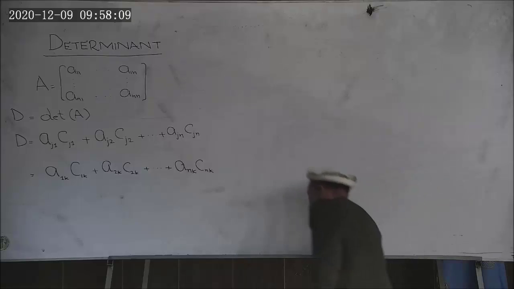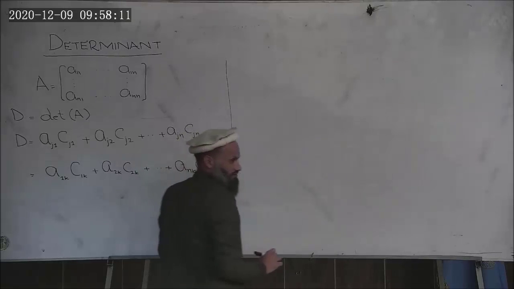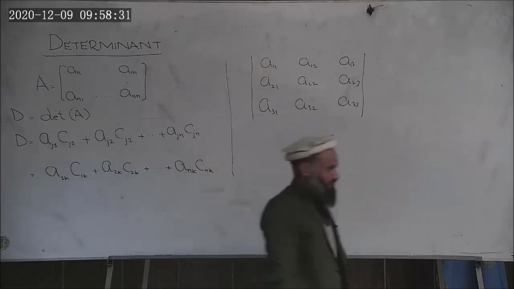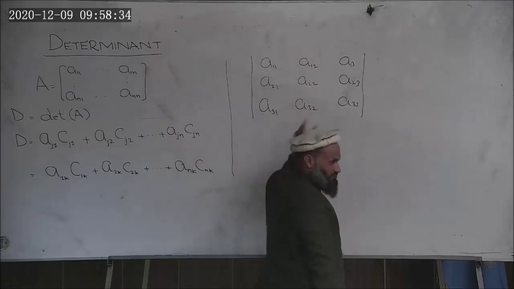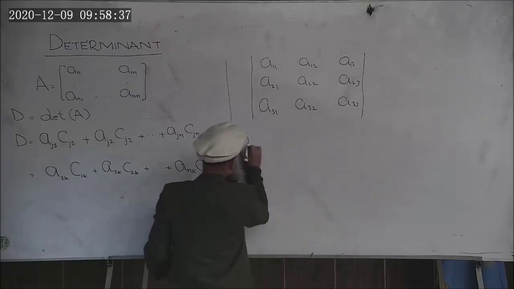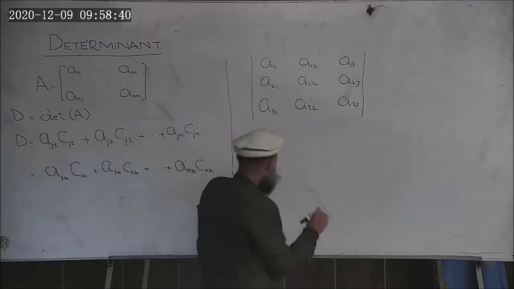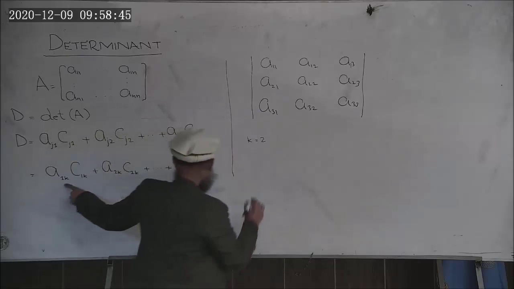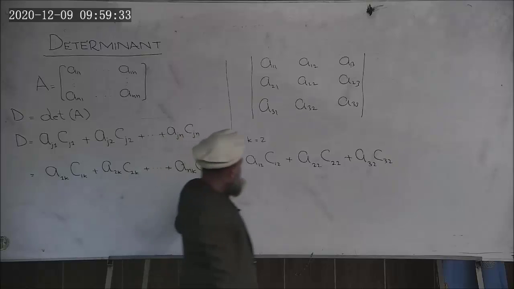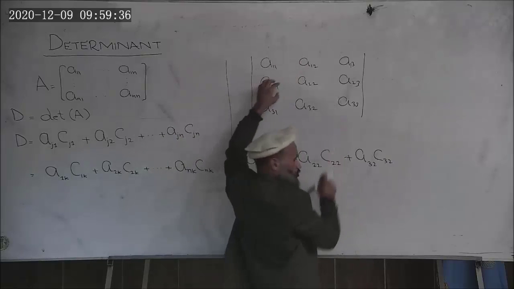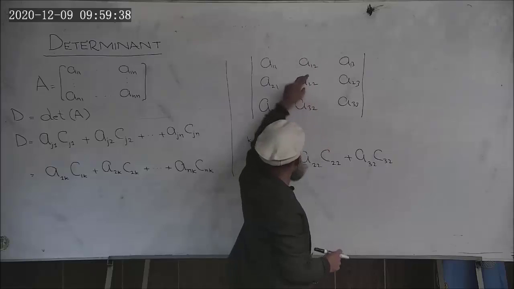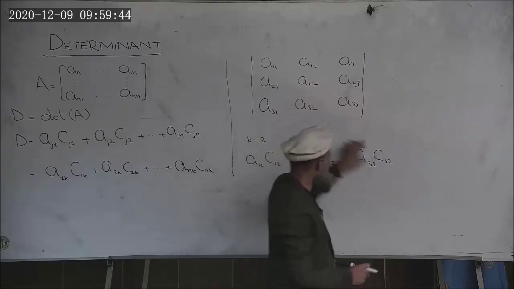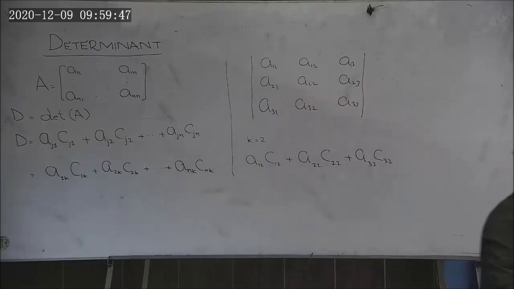If you have, for example, a 3 by 3 matrix and you expand it with the second column, what is k in that case? k is equal to 2. You just want to use this relation: A12 multiplied by its cofactor, A22 multiplied by another cofactor, A32 multiplied by another cofactor.